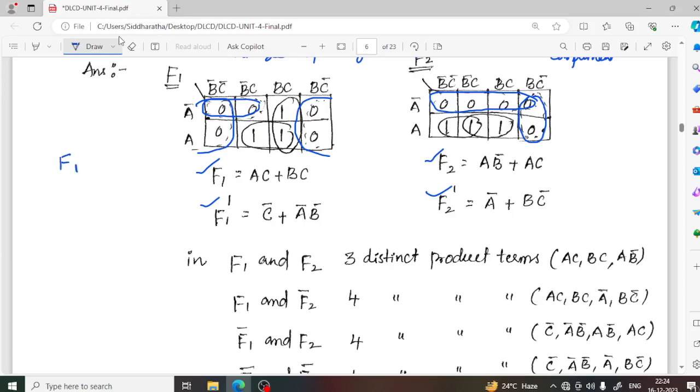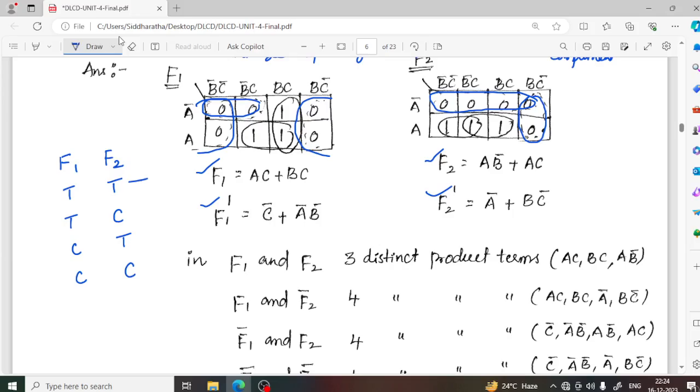We have how many functions? 2 output functions. We may consider F1 and F2 both in true form. F1 true form, F2 complement form. F1 complement form, F2 true form. Then F1 and F2 both considered in complemented form, right?